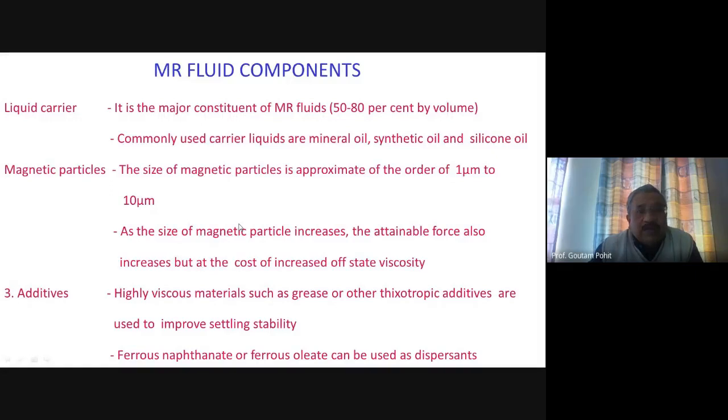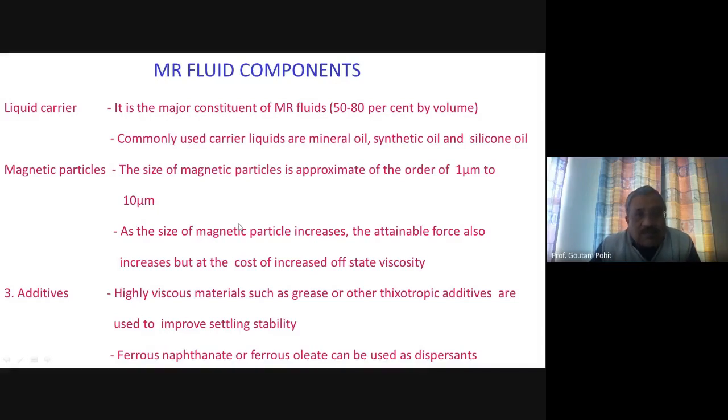The size of the magnetic particle is of the order of 1 micrometer to 10 micrometer. As the size of the magnetic particles increases, the attainable force also increases, but at the cost of increase in off-state viscosity.